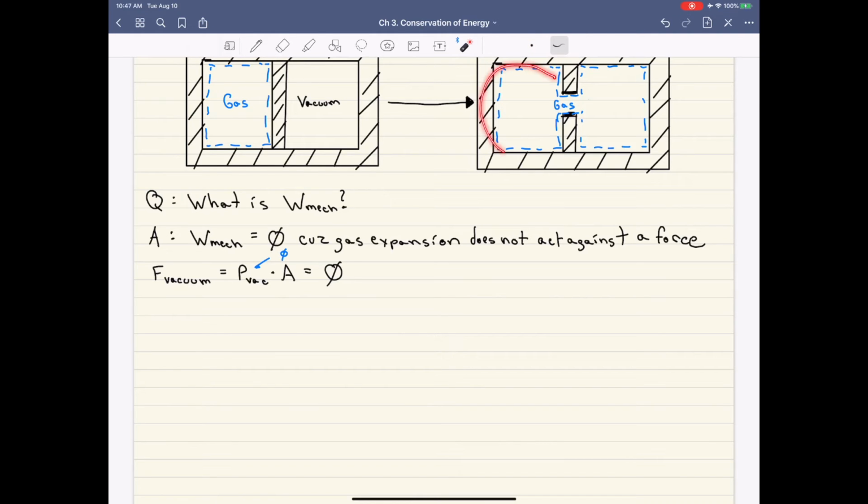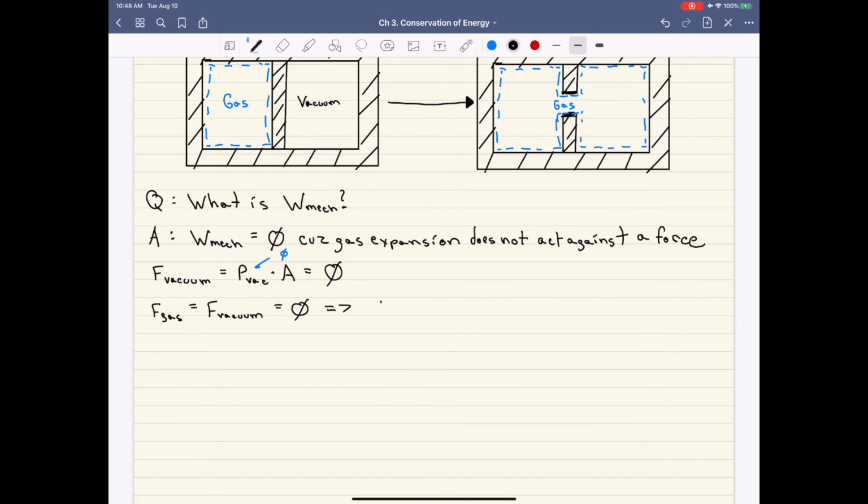When this gas is expanding, the force exerted by the gas has to be acting against the force of the vacuum in order for it to expand. But like we just said, the force of the vacuum is equal to 0. And so from a force balance argument, the force exerted by the gas as it's expanding also has to be equal to 0.